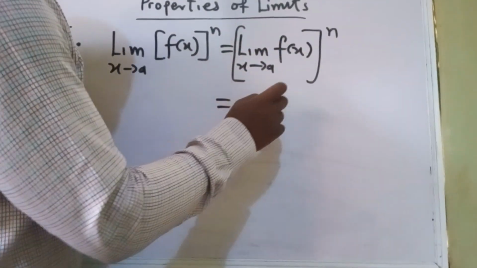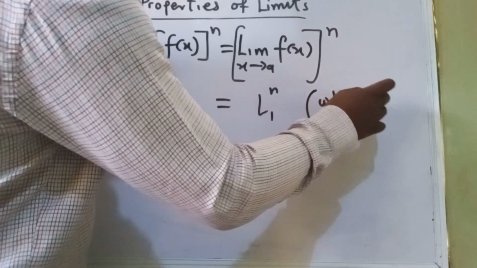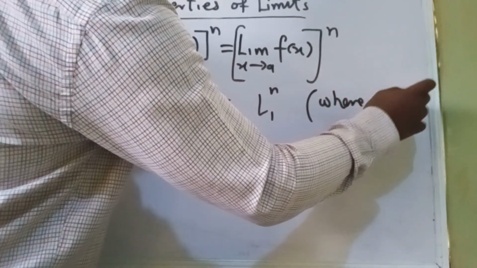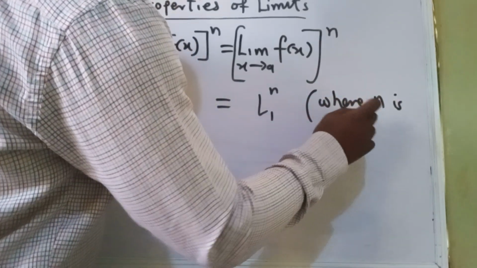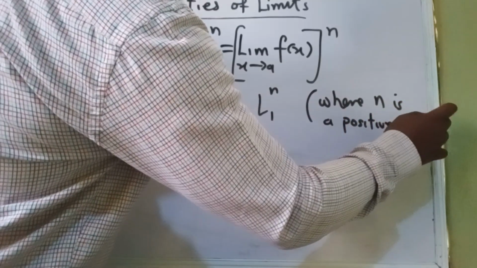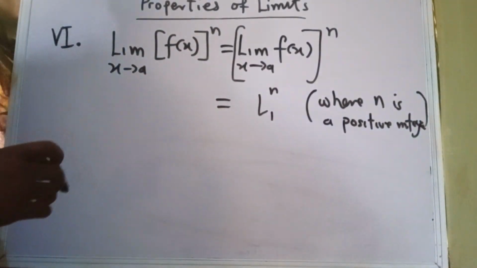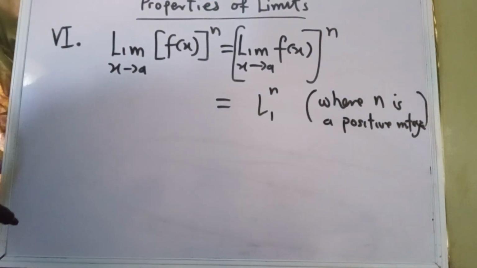The limit of this is L1. This must come with the fact that n is a positive integer. So this is referred to as the power law.